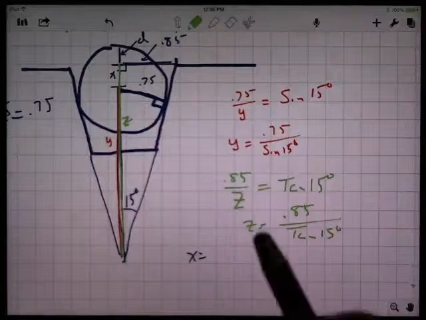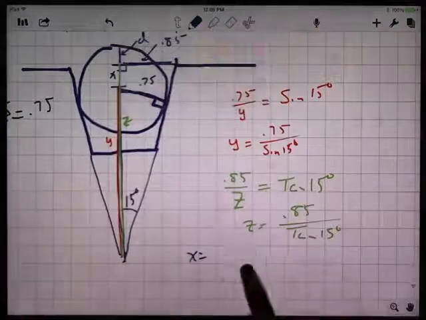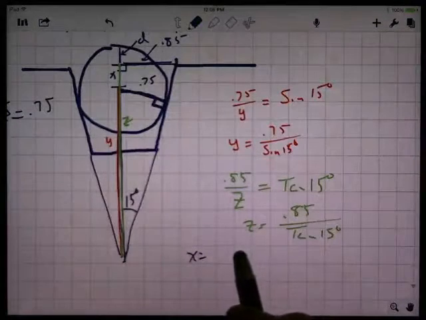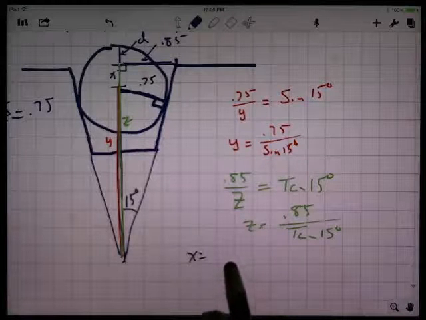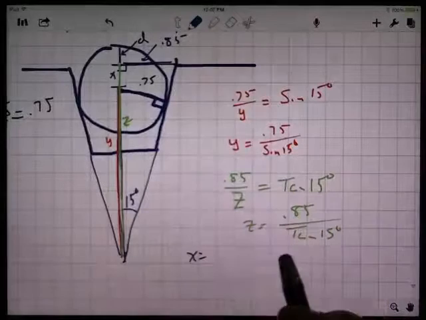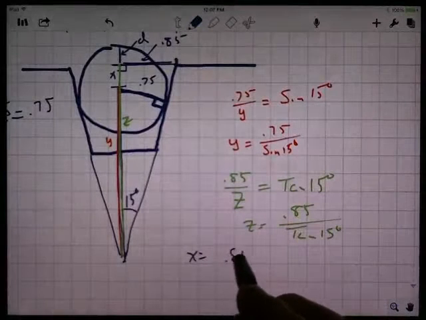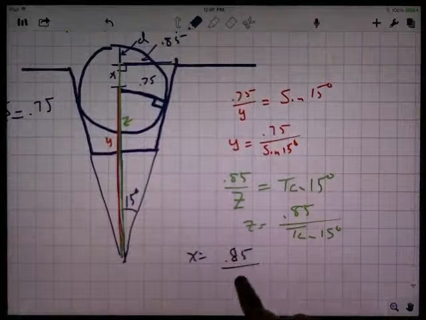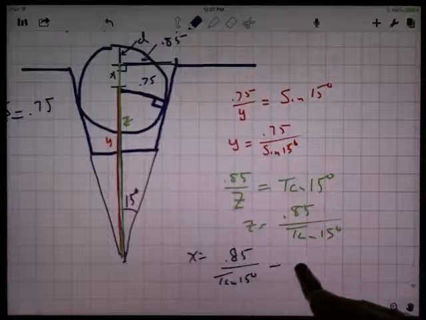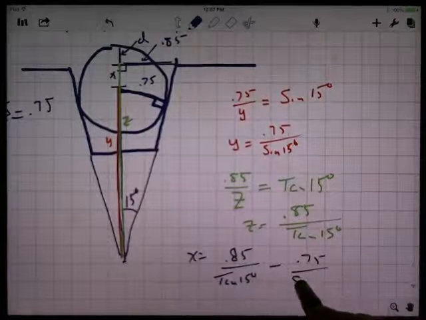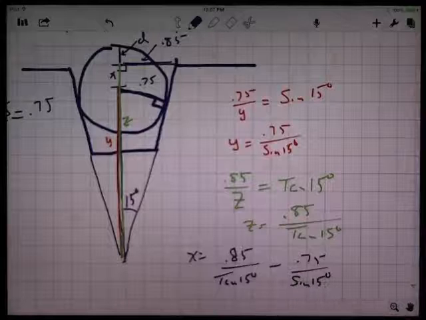Good. Now, x is the difference between z and y. So it's 0.85 over the tangent of 15 degrees minus 0.75 over the sine of 15 degrees.